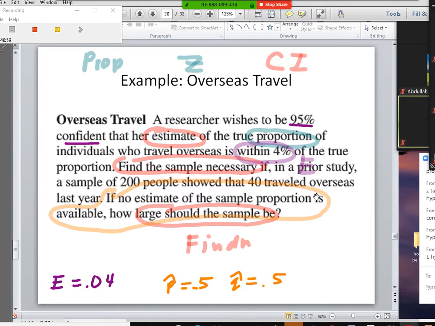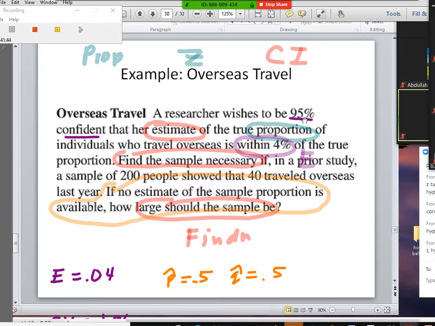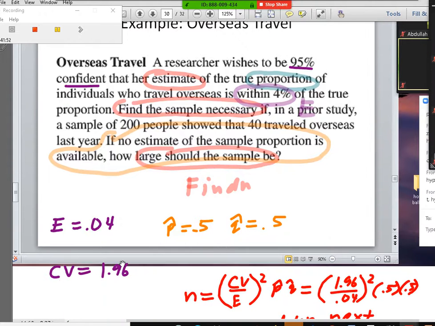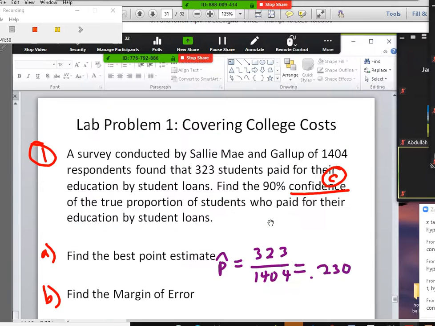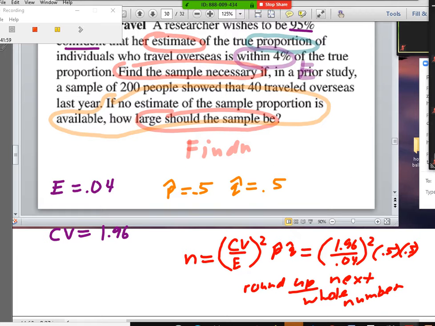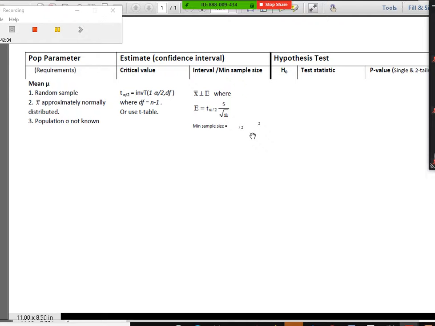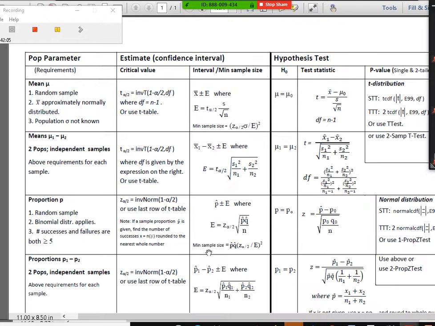I don't have any estimate of the sample proportion, so I'm going to have to use 50-50 for P and Q, 0.5 and 0.5. 95% confidence, and it is a proportion, so I can look that up, two-tailed, 95%. It's going to be 1.96 for my critical value. So then I throw them into my handy-dandy formula sheet, and it says minimum sample size is P hat Q hat times Z alpha over 2 over E squared.